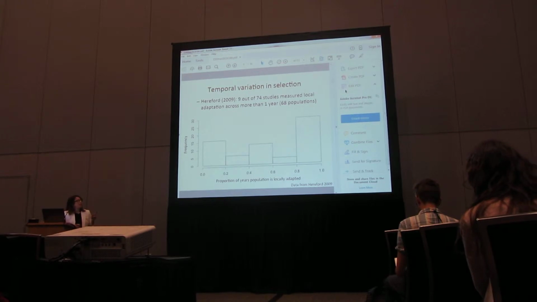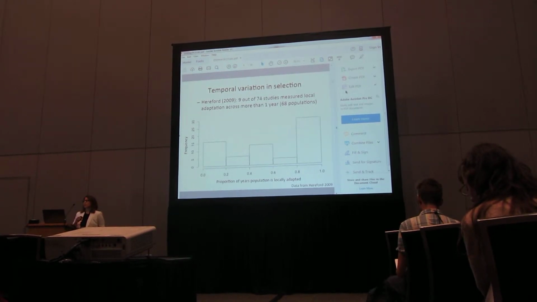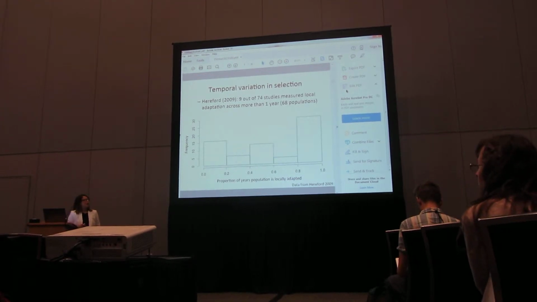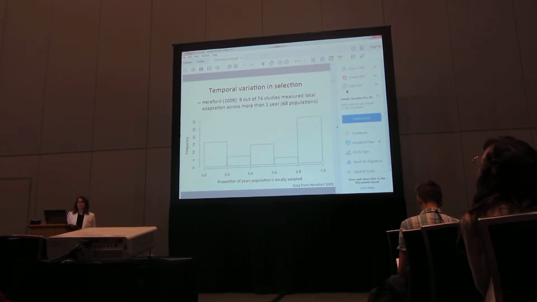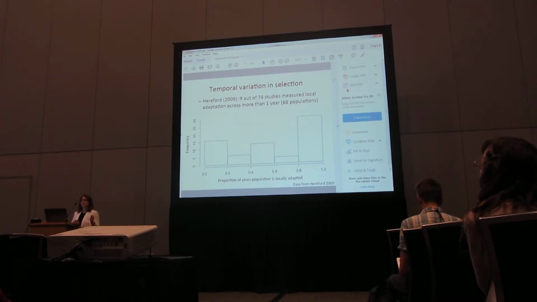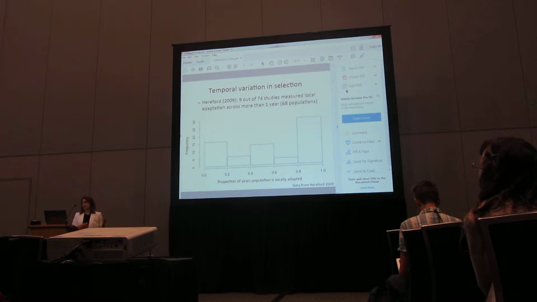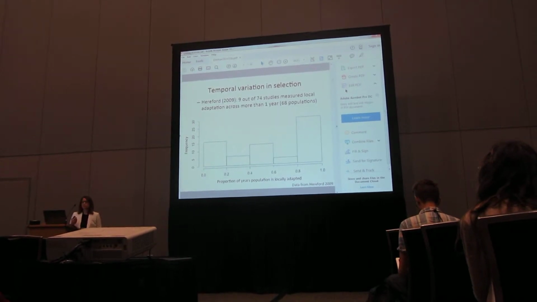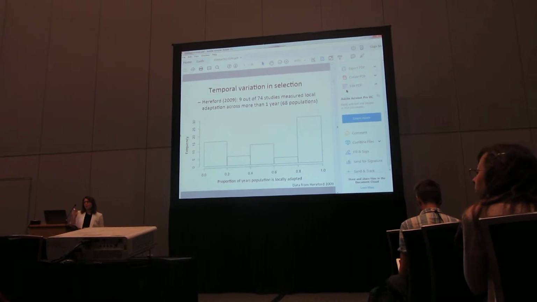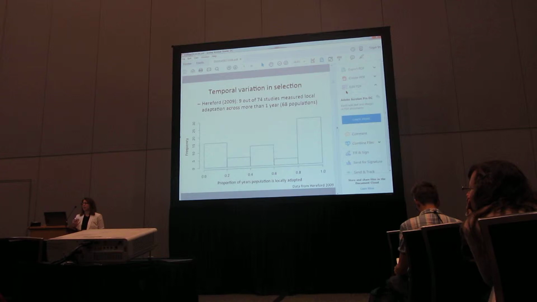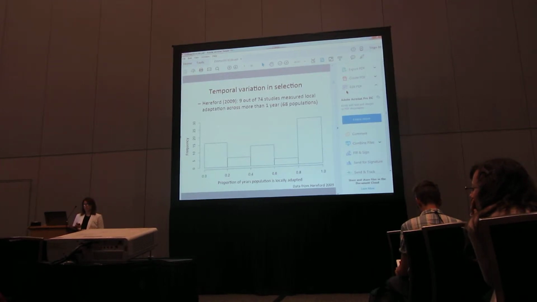Looking just at those populations where fitness was measured in more than 1 year, about a third of them weren't consistent. So a third of those populations were not always locally adapted. The results were not always consistent across years. So it's really important to keep in mind that measuring local adaptation in 1 year might not represent what's often going on if selective agents vary.